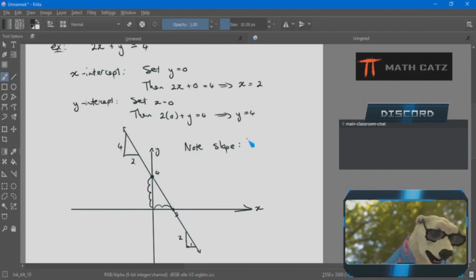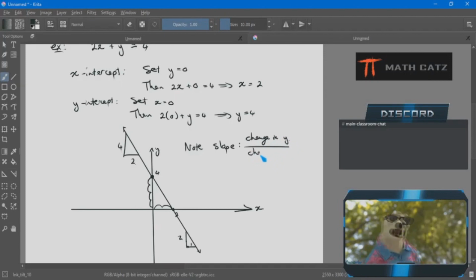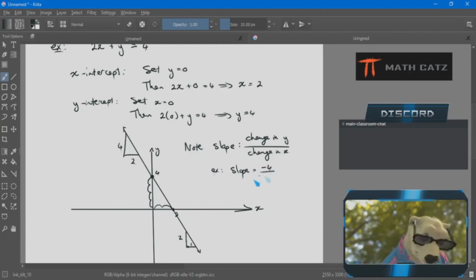So now it's the change in y over the change in x. In this case, the slope is going to be 4 down, so it's a negative 4, 2 in the positive direction for x, so it's going to be negative 2 when I simplify it.